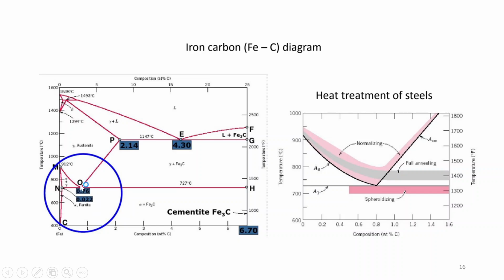And the classification of steels based on eutectoid steel, hypoeutectoid steel, and hypereutectoid steel. In case of cast iron, you have eutectic, hypoeutectic and hypereutectic. Then you are also given the soaking temperature ranges for normalizing, full annealing and spheroidizing annealing.